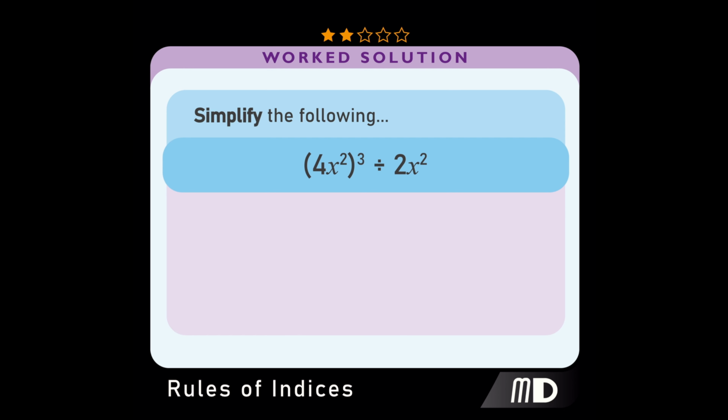So, the expression we are simplifying is (4x squared) all raised to the power of 3, divided by 2x squared.